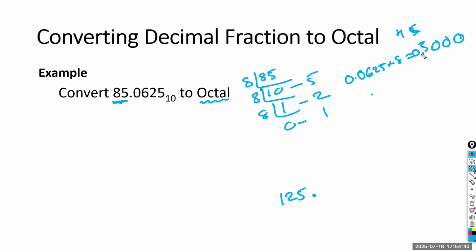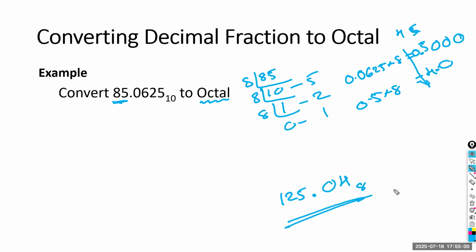That is 0.500. Then take the fraction part again, 0.5 into 8. That is 4.0. Now we got 0, you can stop. The whole number parts are 0 and 4.